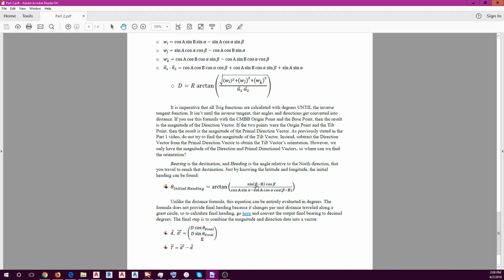So this is sine of the change in your longitude times the cosine of your final latitude. This is the cosine of your initial latitude times the sine of your final latitude, minus the sine of your initial latitude times the cosine of your final latitude times the cosine of your change in longitude.